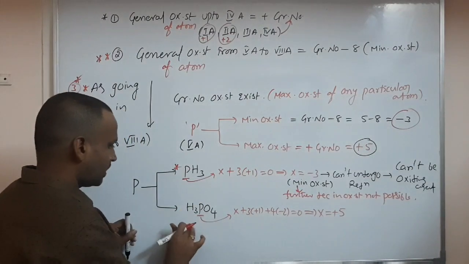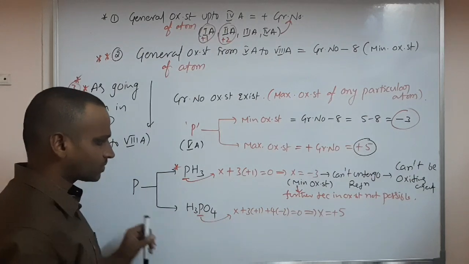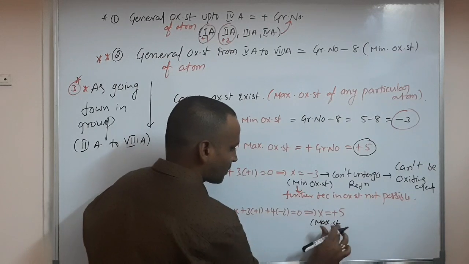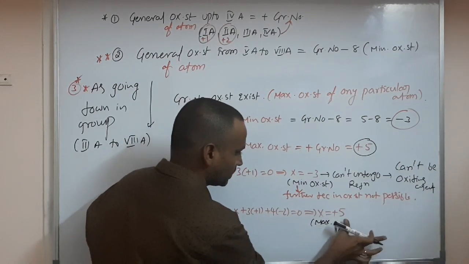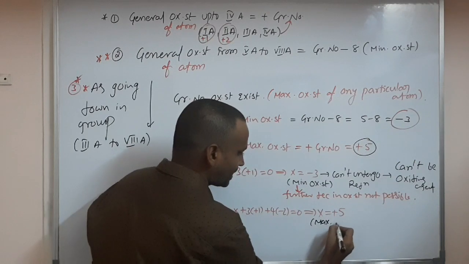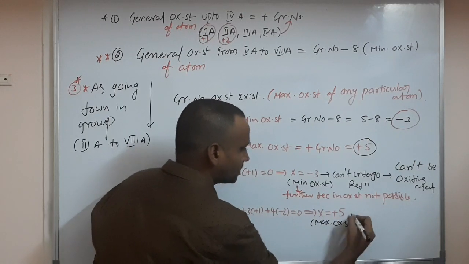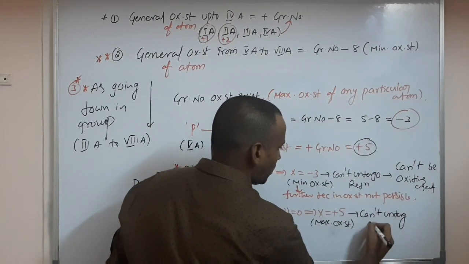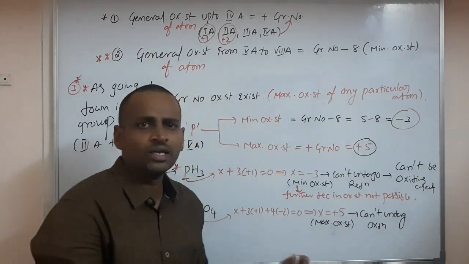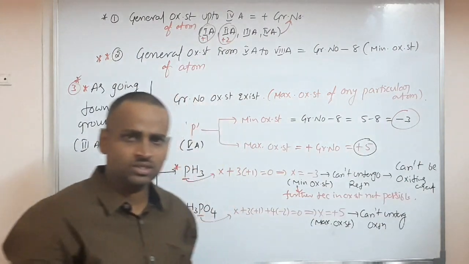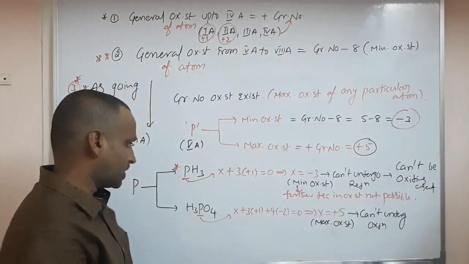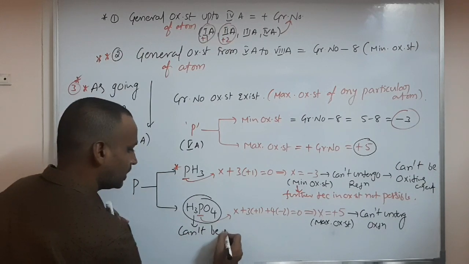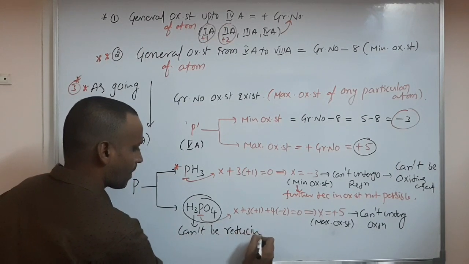Clear? Like that. In this example, H3PO4 is already having the maximum oxidation state. Maximum oxidation state means it cannot undergo oxidation, because if it undergoes oxidation it has to increase its oxidation state, but it already has the maximum. So H3PO4 cannot be a reducing agent.